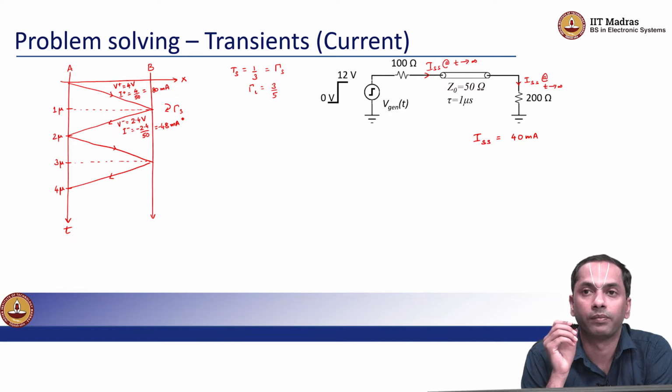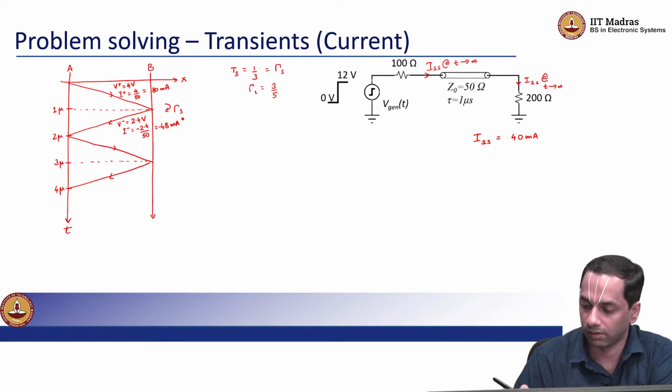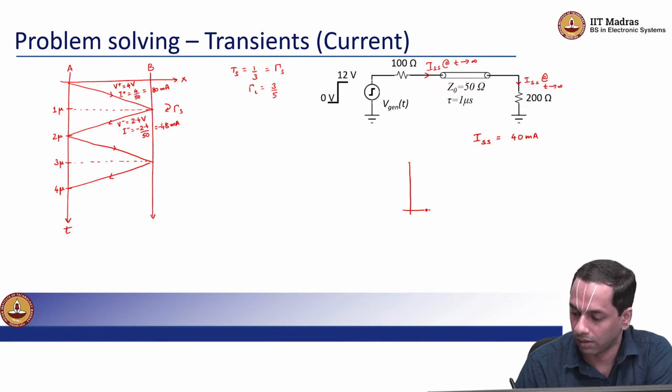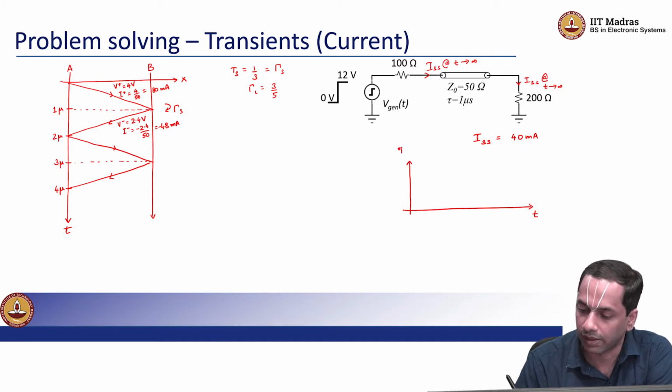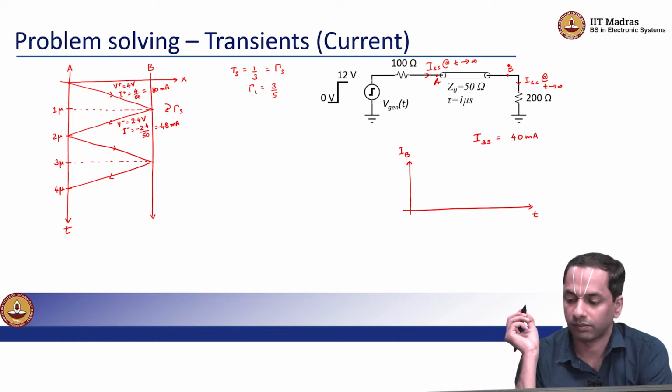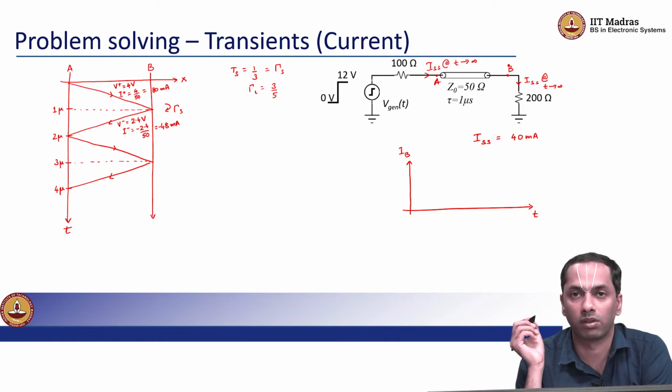Okay. So the current, if I were to start my plot for I at point B, let's demarcate the points A and B again. Okay, I'm looking for when does current start flowing through the load, right?